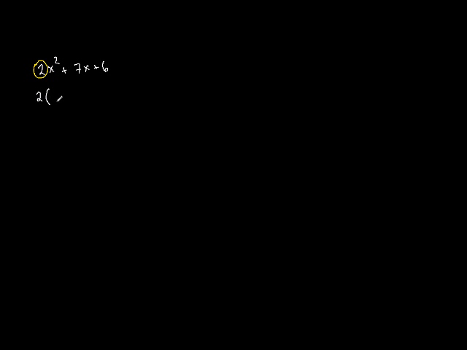We have 2 out of the bracket, and inside the bracket, what's left is x squared plus 7 over 2x plus 3. Now, I'm going to ignore this 2 for a little while and focus mostly on what's inside the brackets.